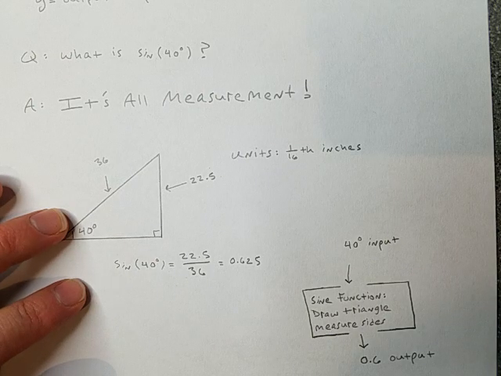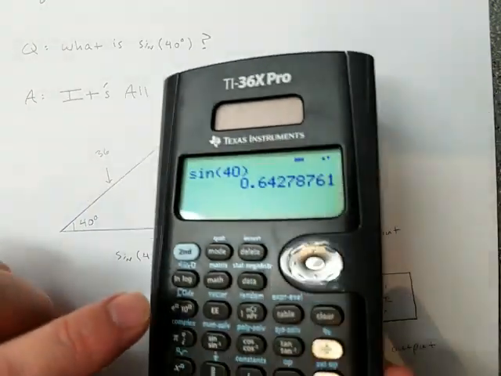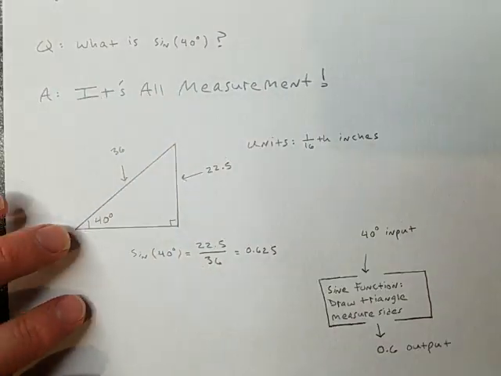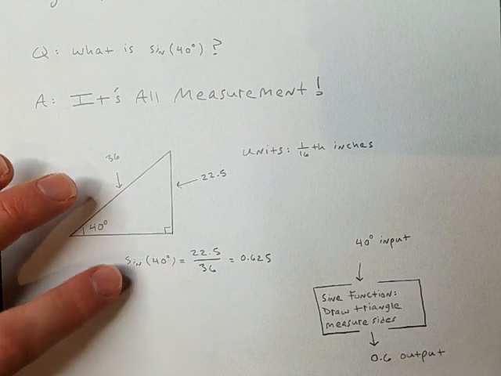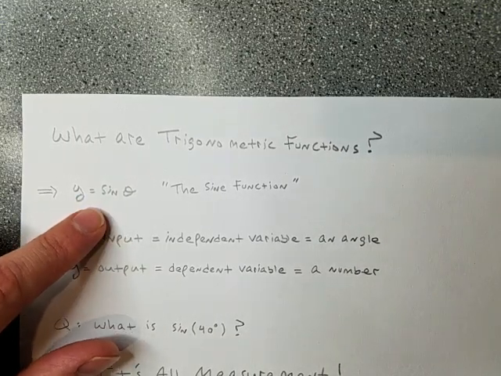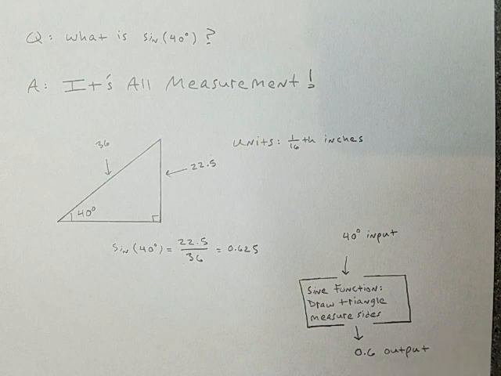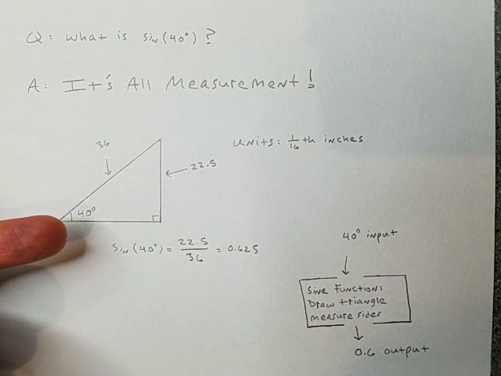If I could measure and see better, I could get that more accurate. But when you press this button and you get that number, I hope now you have a better concept for what that number is and what the button's doing and how that's a function. Now, I used the sine function in my example here. I could use cosine, tangent, secant. I could use any of them. They all have a similar meaning with respect to this triangle.